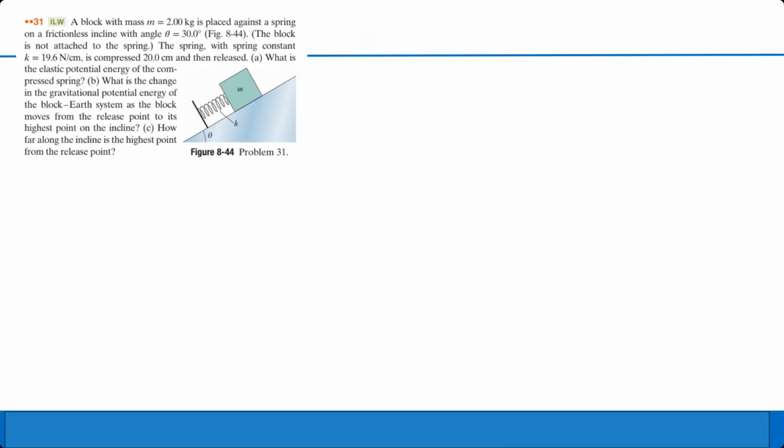It is compressed by 20 centimeters and then released. So we compress the spring to a maximum compression of 20 centimeters, then we release it. What is the elastic potential energy of the compressed spring? So we want U elastic in the spring when it is compressed, basically at the maximum compression.